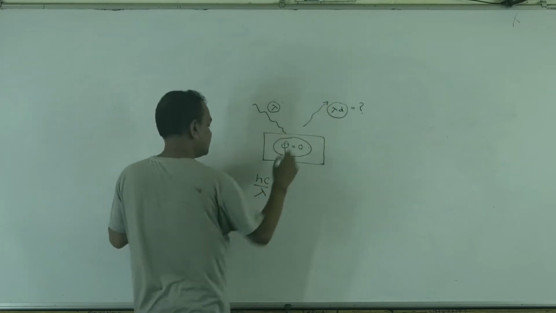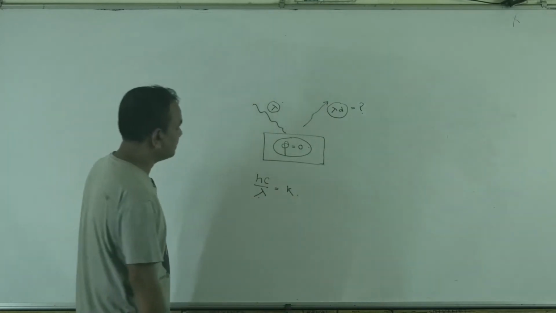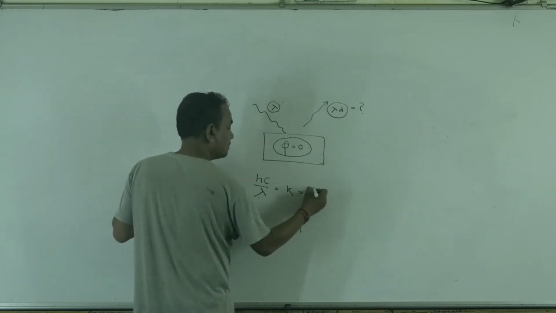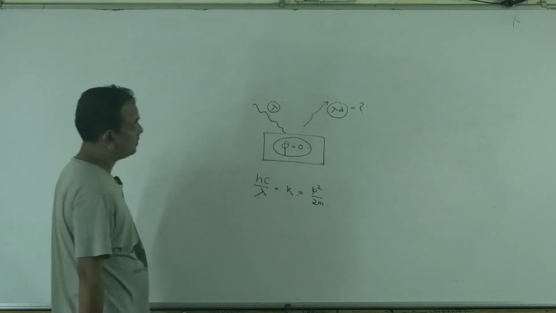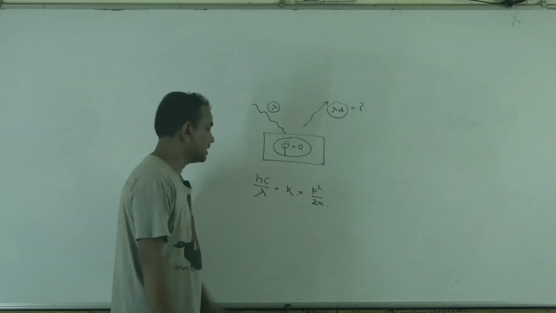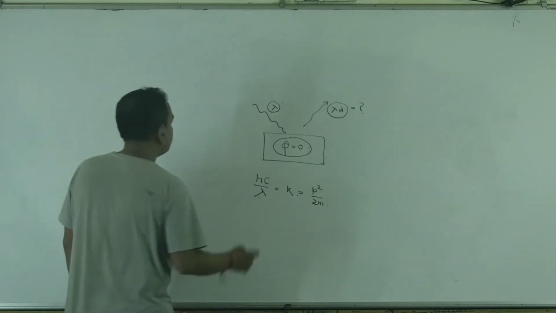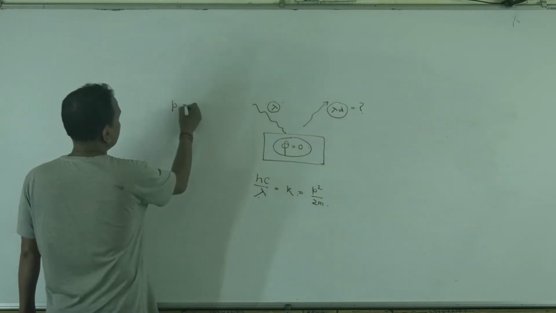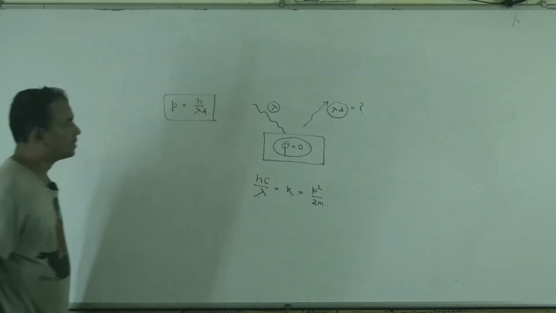So the kinetic energy of the fastest electron can be written as K, let me say. Energy can be written as p square by 2m because electron is a particle. For a particle you can write kinetic energy as p square by 2m, where m is the mass of the electron. If you remember, momentum of a particle can be written as h by de Broglie wavelength.